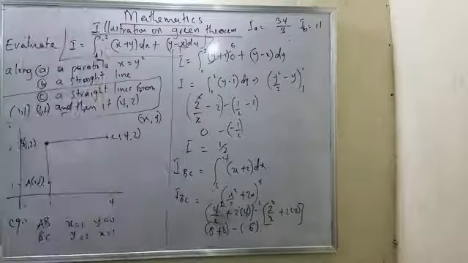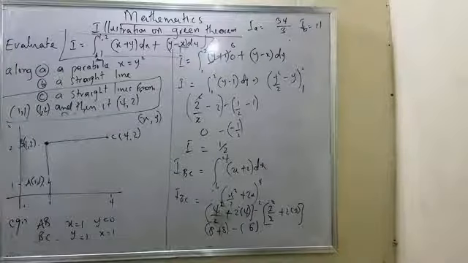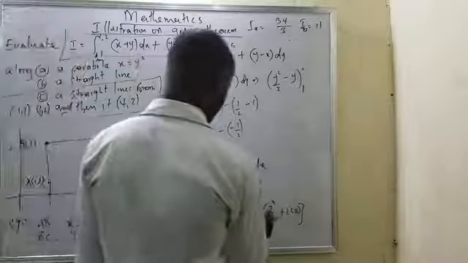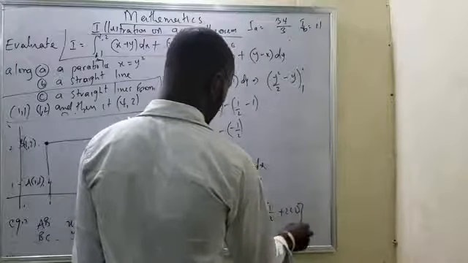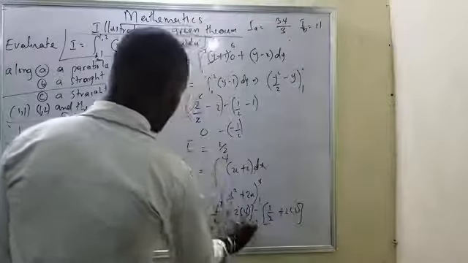Since I have it as 6, upper limit and lower limit of 1. Sorry, this is 1. Now, once it's 1, it will be 1 over 2. It will be like that.